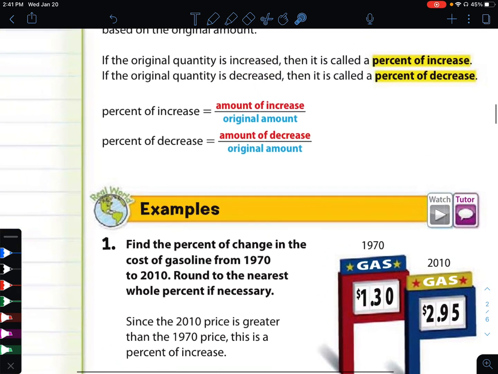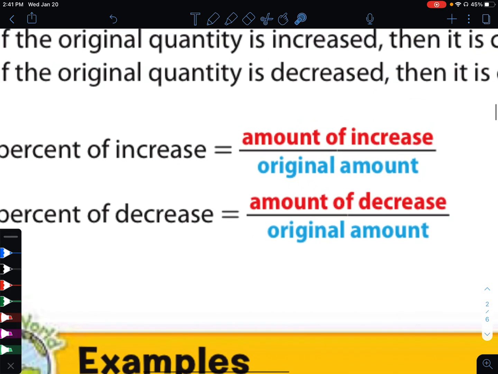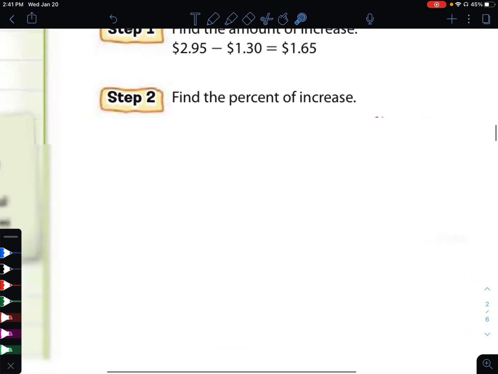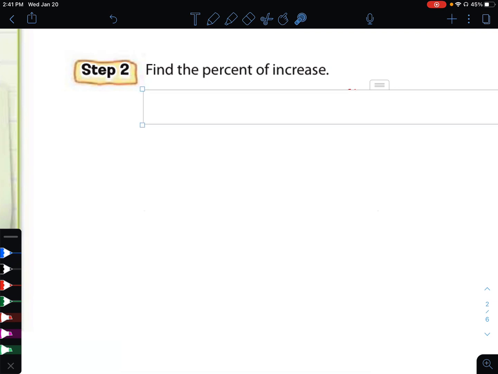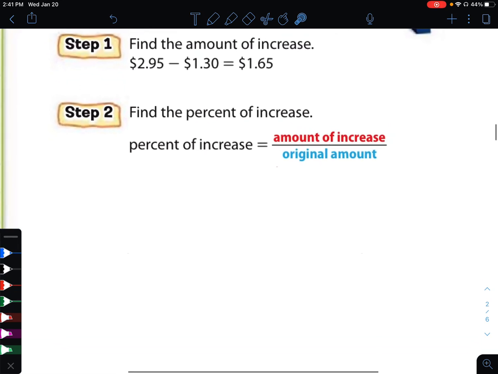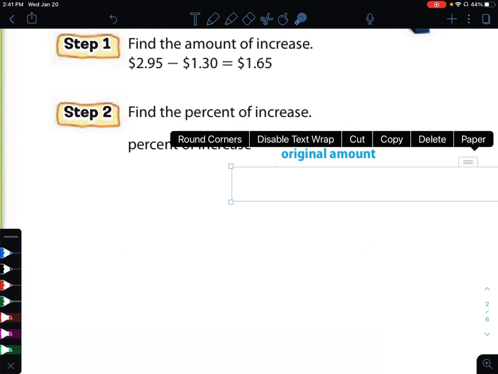Remember, this is our formula for percent of increase, and we're going to use the same thing here. So our percent of increase, which is amount of increase over original amount, and we know that the amount of increase is $1.65.